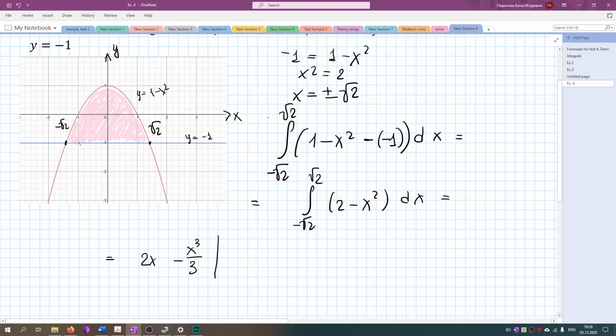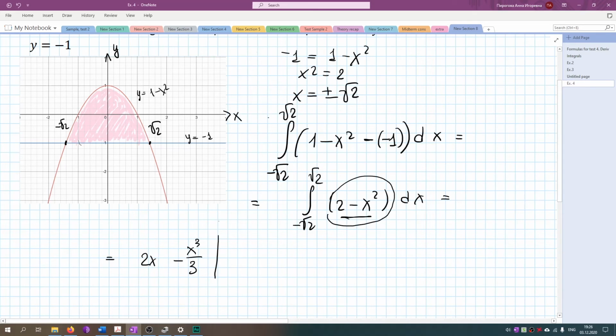To simplify it, we need to take the integral of our function, and we will receive 2x minus x to the third power divided by 3, because if we take the derivative of this one, we will get exactly this expression.